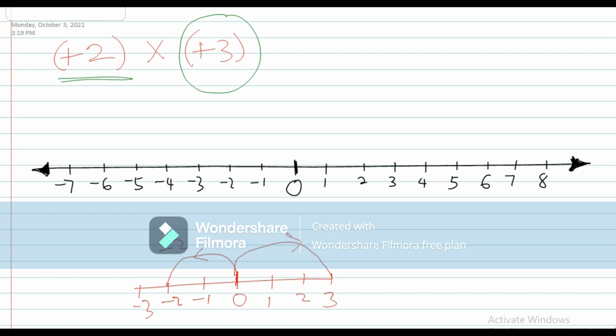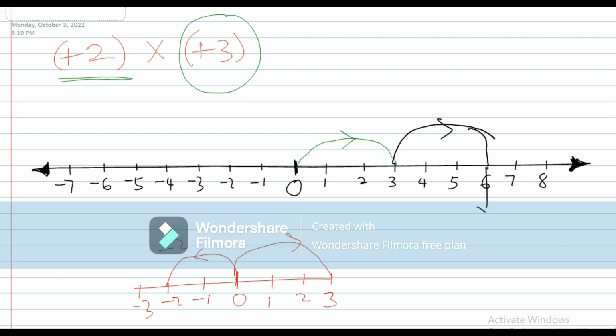Positive 3 is like this. But because the multiplier is a positive 2, that means I'm going to double that process. I've gone positive 3 the first time, so I'm going to go another positive 3 from where I stopped before. Then I'm going to have something like this, and we'll stop here.